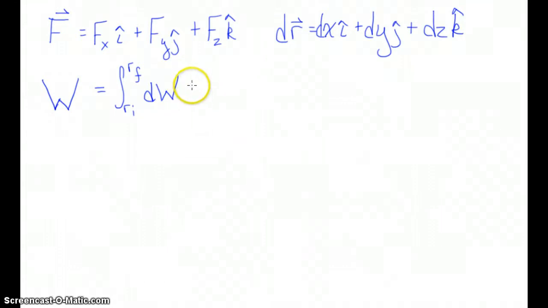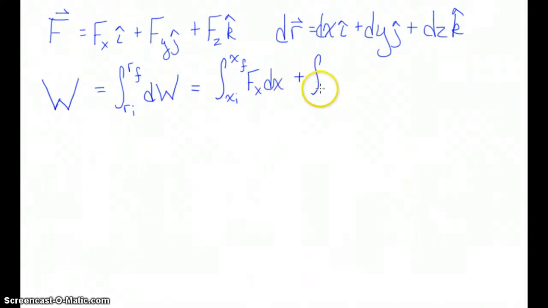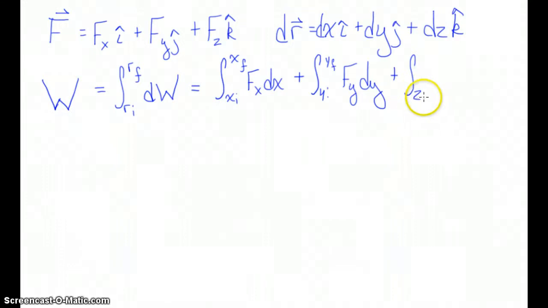These small little work sections would be those small little rectangular areas that we're looking at. So it's the integral from our initial x position to the final x position, Fx dx, plus y initial to y final, F in the y direction, dy, plus the integral from z initial to z final, the force in the z direction, dz. So let's look at an example of this.